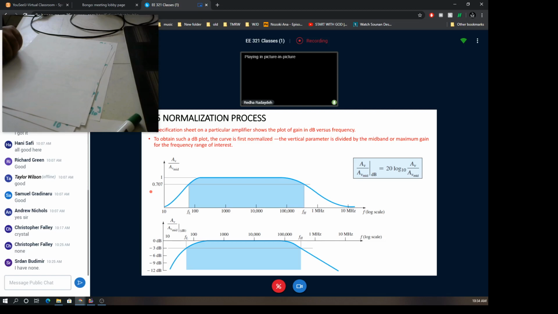That's why we said there is a 3 dB difference always between the gain at the maximum value and the gain at which we have the lower frequency and the higher frequency cutoff frequencies of the amplifier. There is a 3 dB gain difference, okay, and so on. That's why you see these values in negative dB, because they correspond to values of the gain that is below 1. Okay.